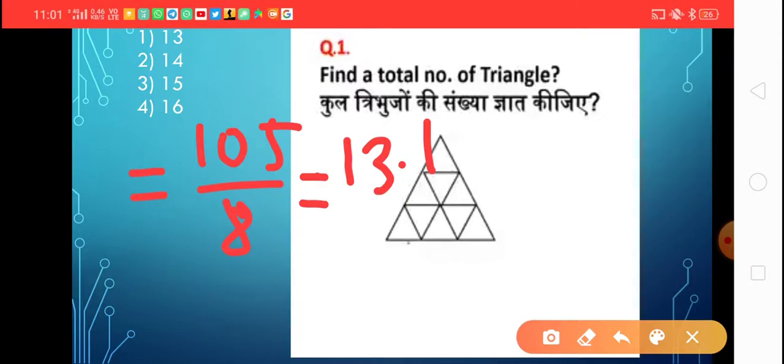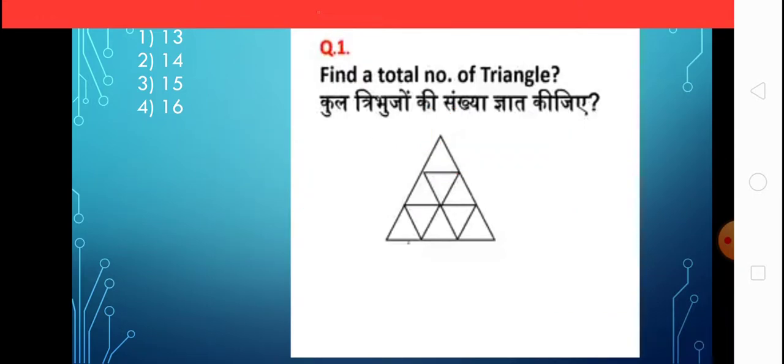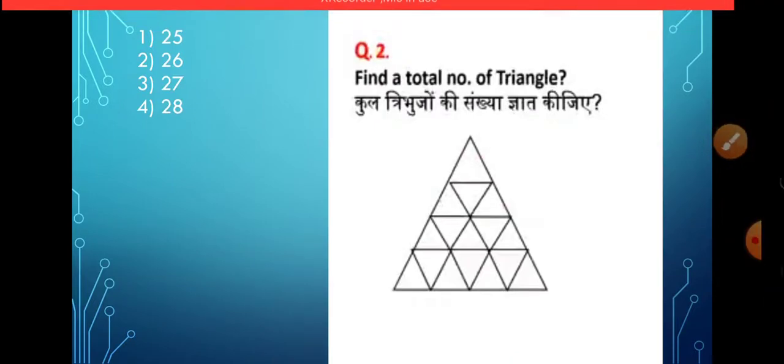But what we have to do is neglect whatever comes after the decimal and take only the number before the decimal. That is, we eliminate this part. So our answer will be 13. Let's move on to another example.